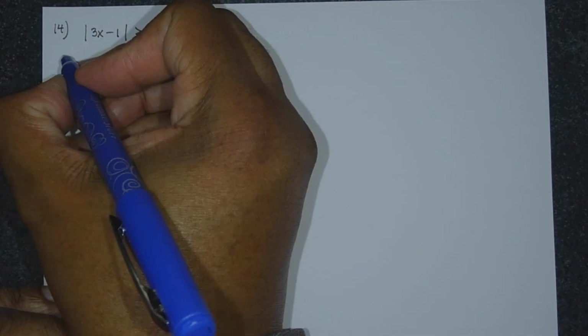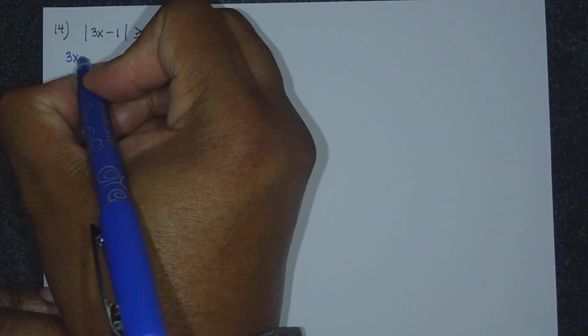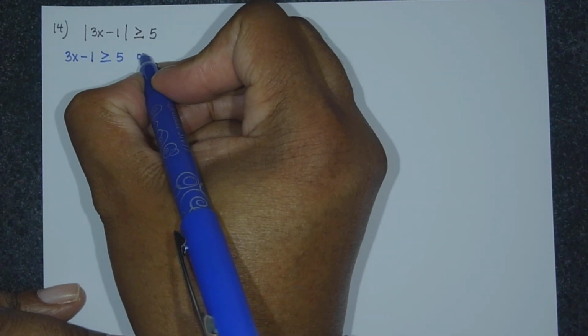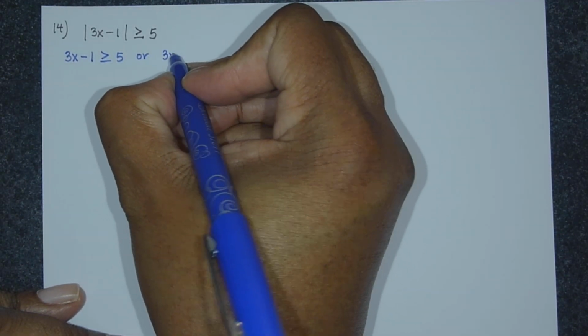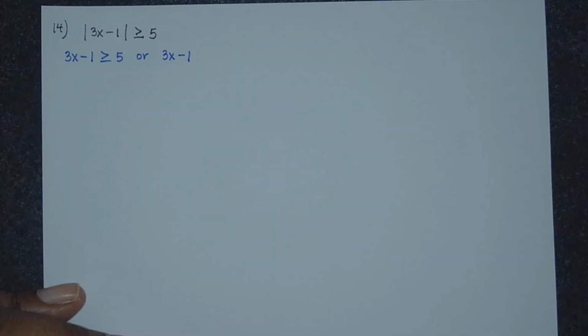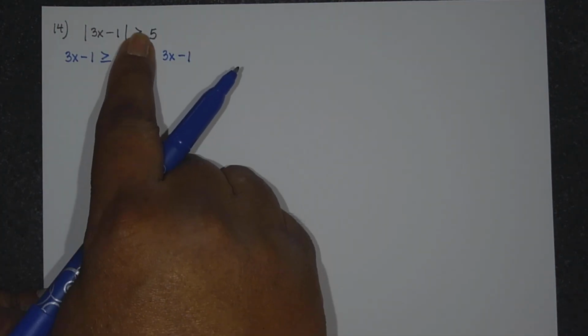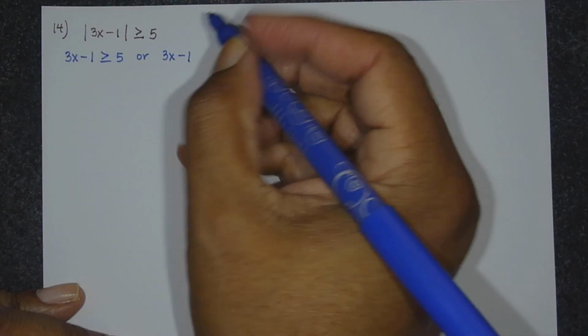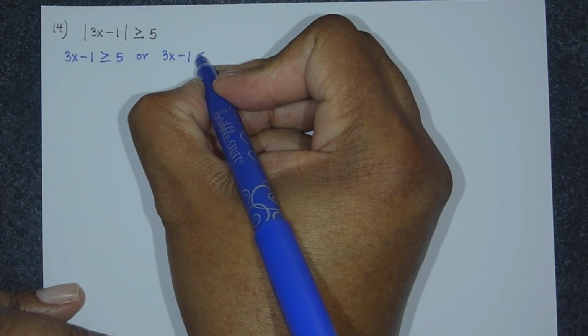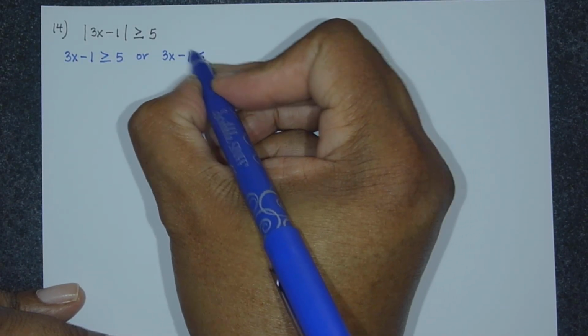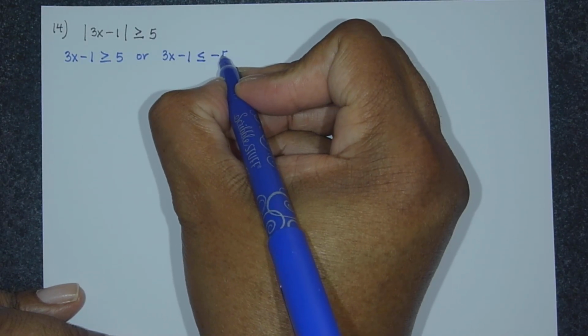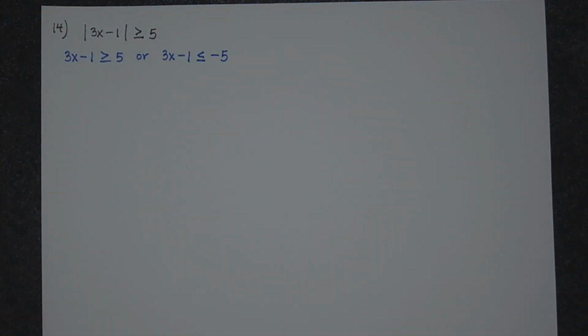The first inequality would be 3x minus 1 is greater than or equal to 5, and then the second would be 3x minus 1, we switch this inequality symbol from greater than or equal to, to less than or equal to. Positive 5 becomes negative 5. So those are our two inequalities here. This is only for greater than or equal to.